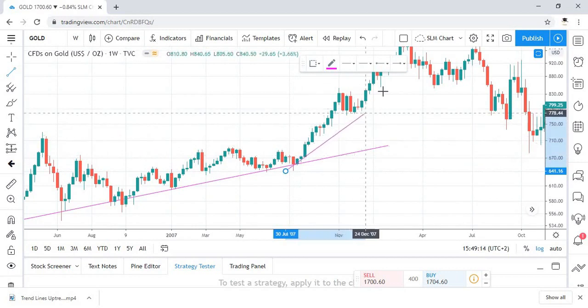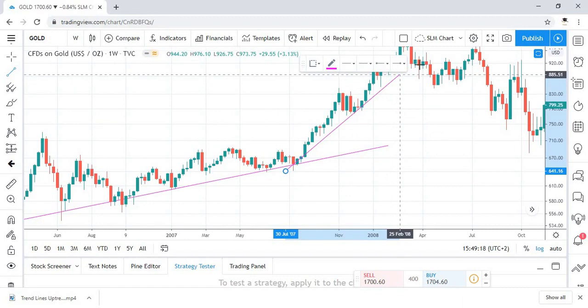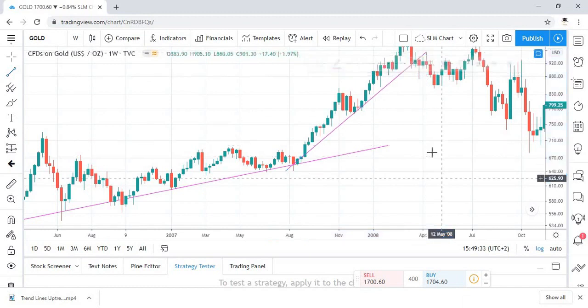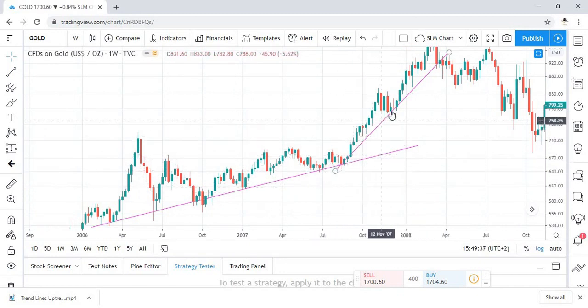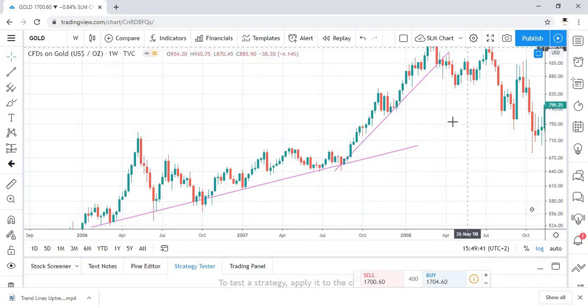So here I'm going to say, instead of changing my lines completely, I'm going to put another line there. So here I'm going to connect those points there. So I've got 1 point, then it touches there, and it touches also there, and it touches there as well.